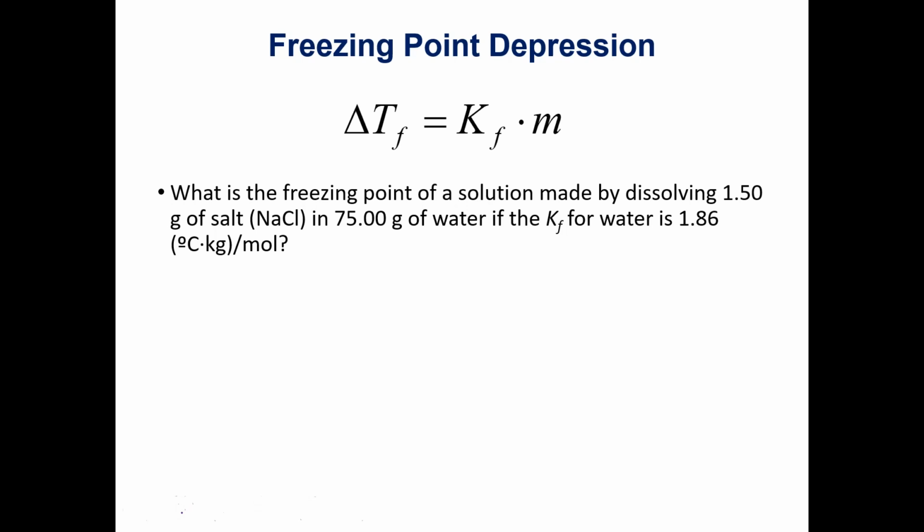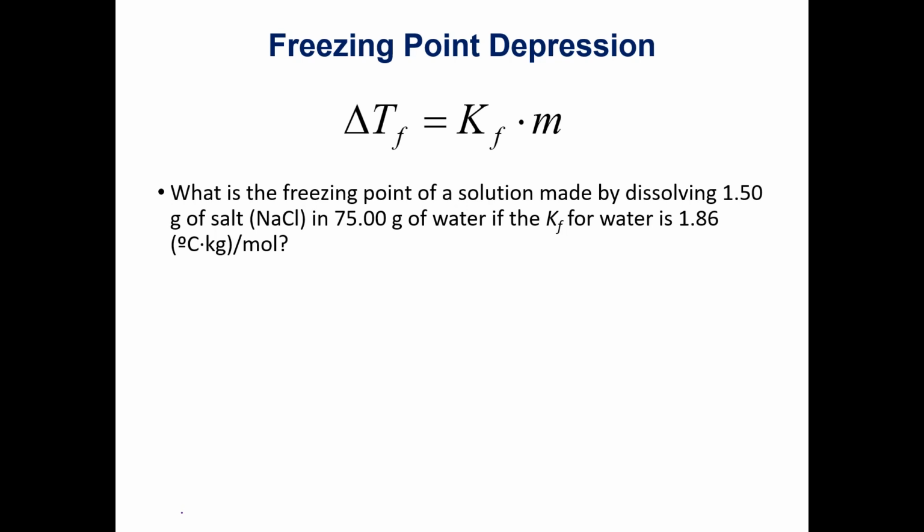So just like for our boiling point elevation, we can also write an equation for freezing point depression. And the equation for freezing point depression is actually very similar. We take the molal freezing point constant instead of the boiling point constant and multiply that by the molality of the solution.